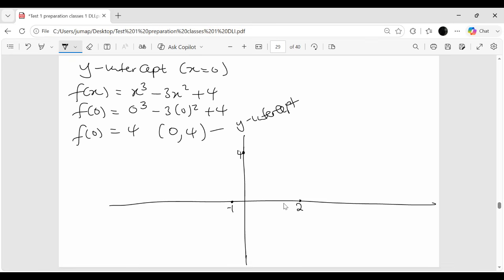So we start testing. For example, when I put 1 in the equation, what am I getting? When I put 1, I want to see what 1 gives. It's going to be 2. So meaning that here it's going down.